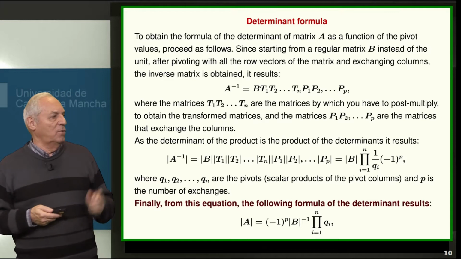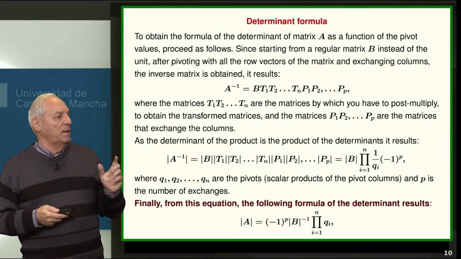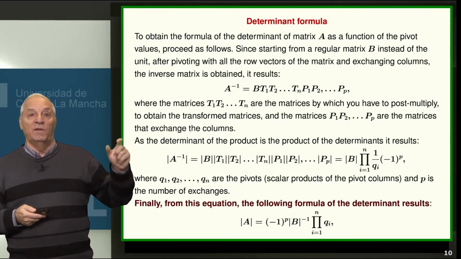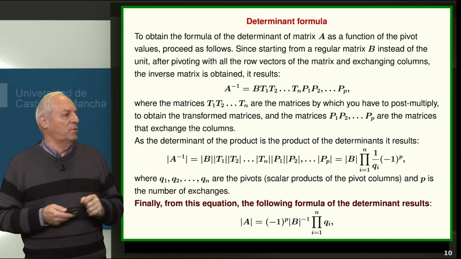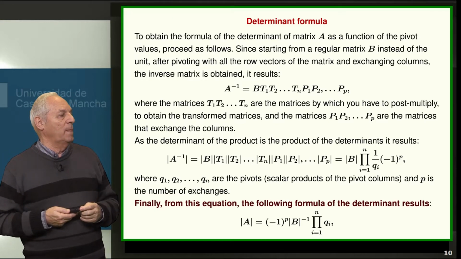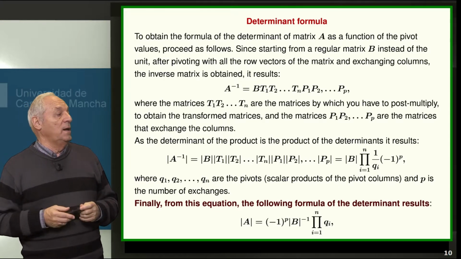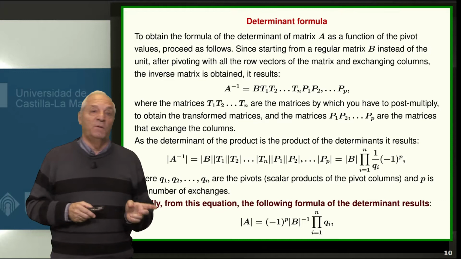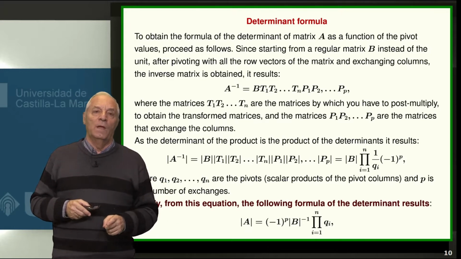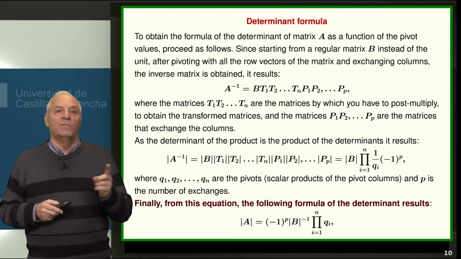Then, we have the determinant of B on the one hand, the determinant of T1, which is 1 divided by its pivot, the determinant of T2, which is 1 divided by its pivot, the determinant of Tn, which is 1 divided by its pivot, because it was divided, not multiplied, by the pivots.